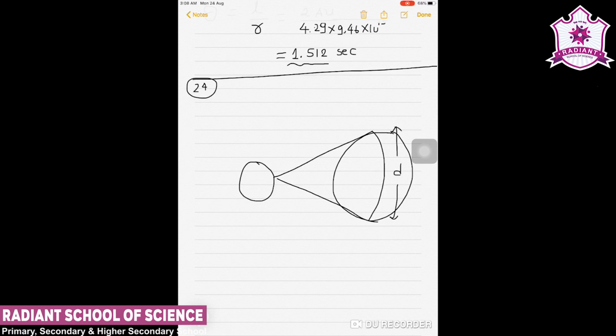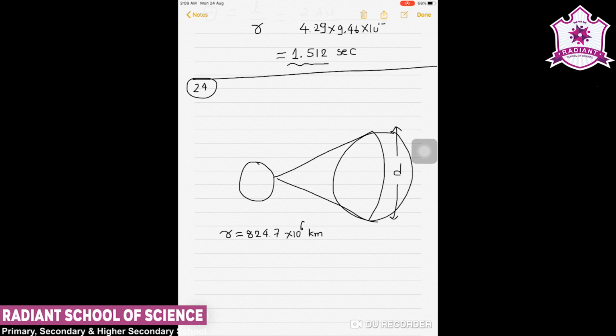So what we will do to find it? Here we are given R, and this R is given as 824.7 million kilometers, that is 10 raised to 6 kilometer. So one thing is given.